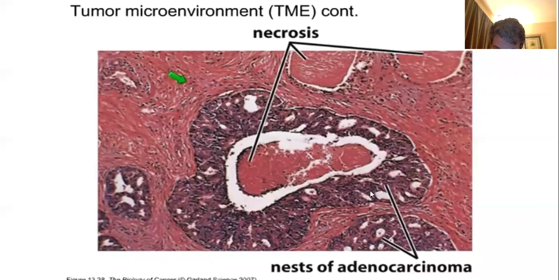When I'm going to manage cancer, I'm giving chemo and radio, we're destroying this part, the cancer, and we are not looking at the stroma. That's something we need to change, that mindset, because the stroma can suppress the immune system.